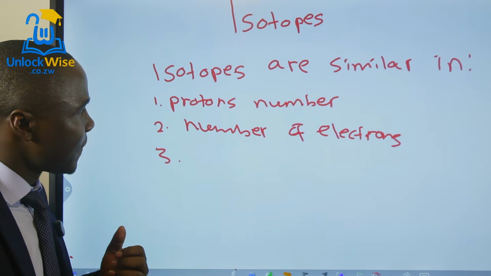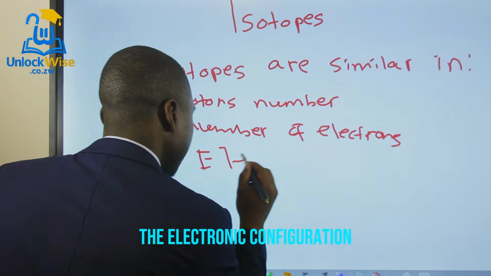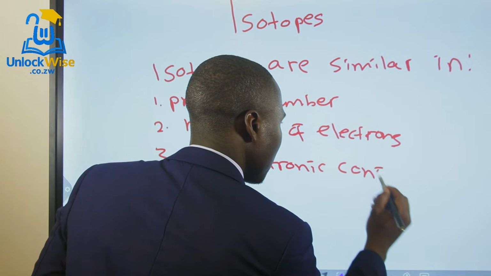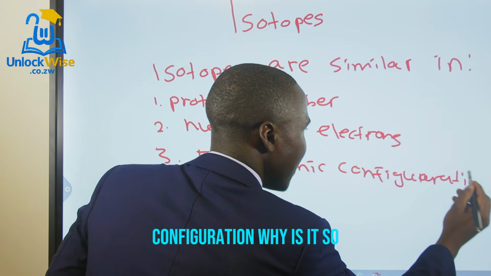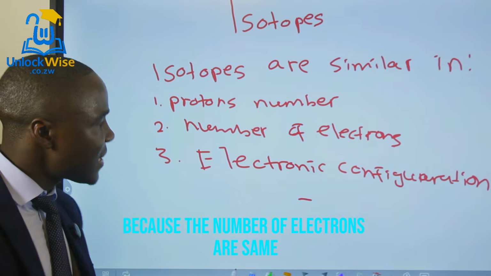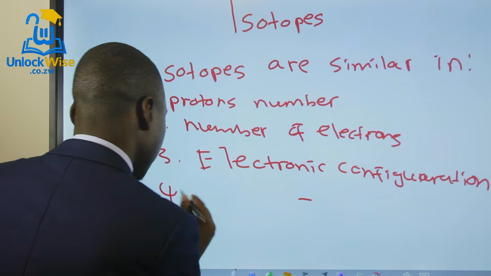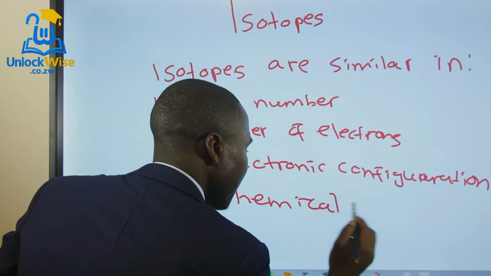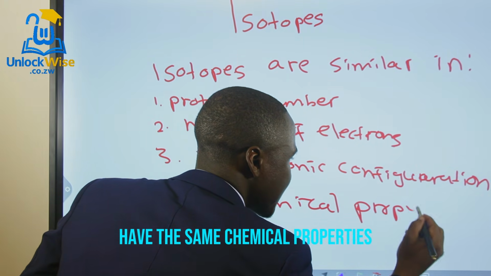And what else? The electronic configuration. Why is it so? Because the number of electrons are the same. And for the chemical properties, isotopes have the same chemical properties.